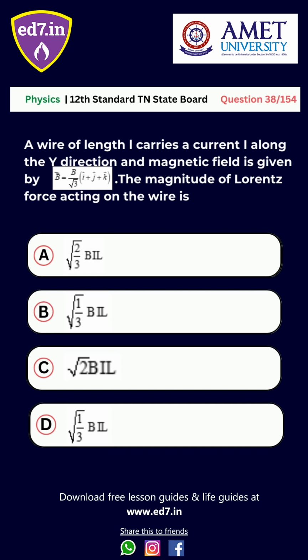The magnitude of Lorentz force acting on the wire is: option A, root 2 by 3 B I L; B, root 1 by 3 B I L; C, root 2 B I L; D, 1 by 3 B I L. The right answer is option A, root 2 by 3 B I L.